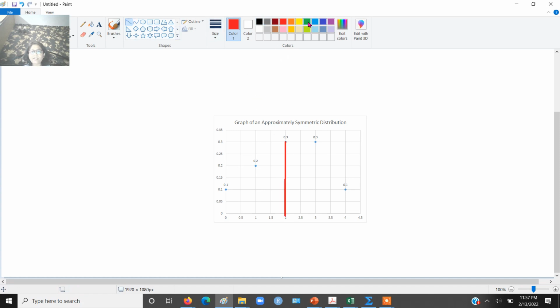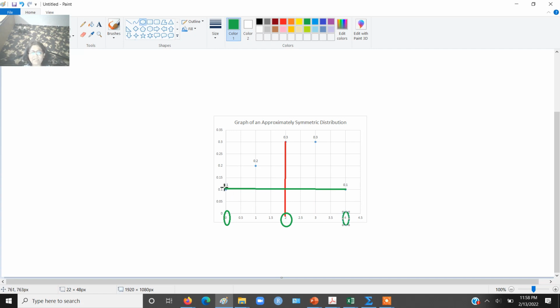Let me change the color. If you look at the values that are equidistant, for example this value and this value, the difference between 0 and 2 is the same as the difference between 2 and 4. So 0 is equally distant from 2 as 4 is from 2.